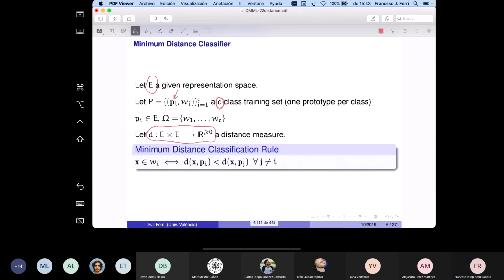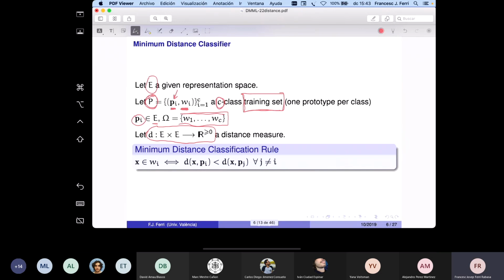The set P formed by all these prototypes and its corresponding label is what we call, as usual, the training set. But in this case, we have only one example per class. It's okay? These are points from the same space, and the classification space is the space formed by the C labels.